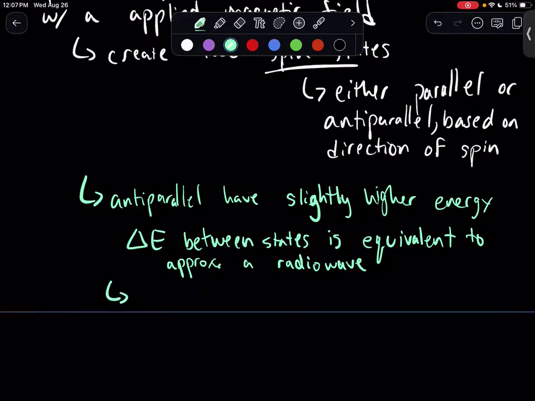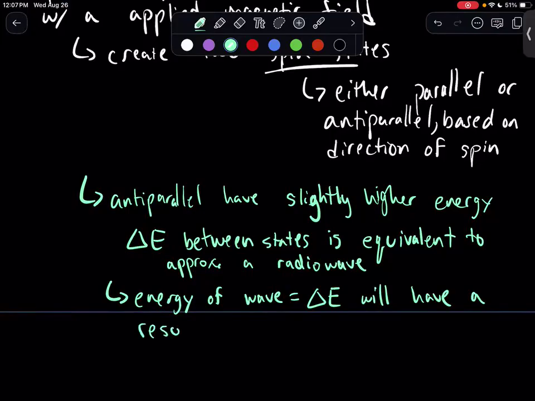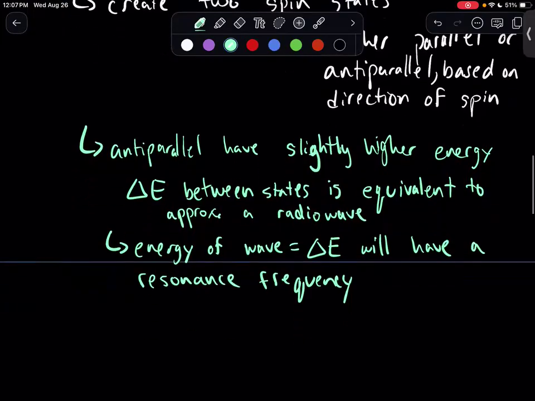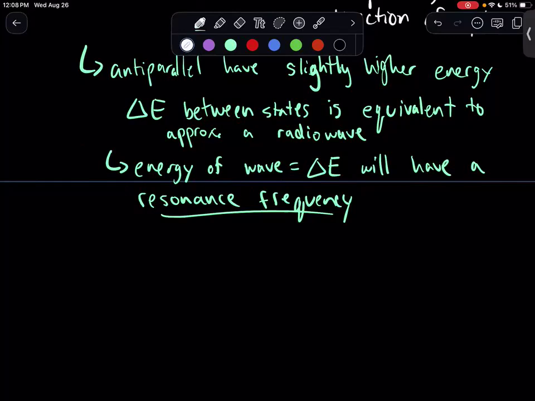So the energy of the wave equal to delta E will have a resonance frequency, meaning it's at the frequency that it can promote that difference. And so basically what happens is with that resonance frequency, and this kind of sounds almost like the promotion of electrons between energy levels, but really we're promoting protons from a lower to higher energy state.